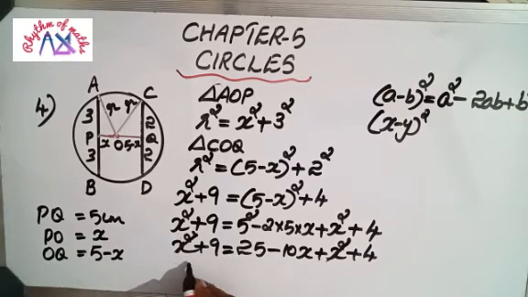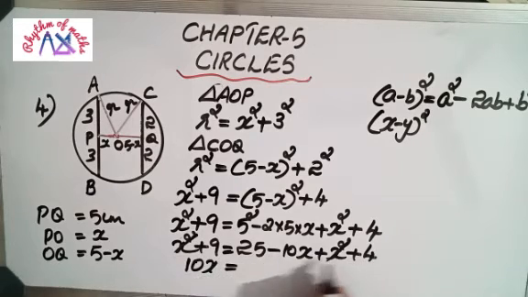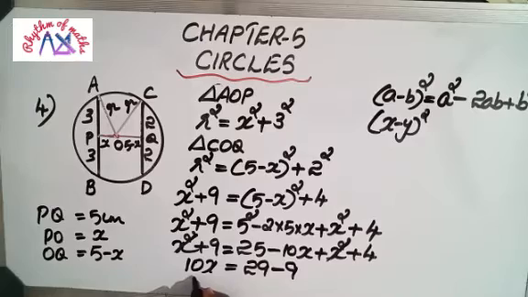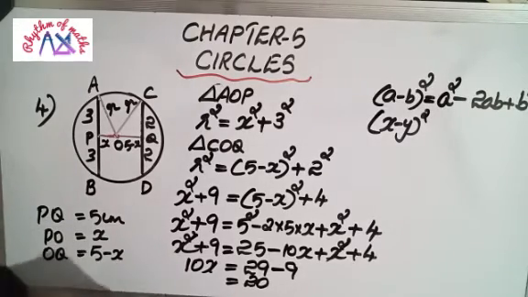Minus 10x coming to this side becomes plus 10x, equal to 25 plus 4, that is 29, minus 9. That means all the x terms are on one side and all the numbers on the other side. So the answer is 29 minus 9, which is 20.